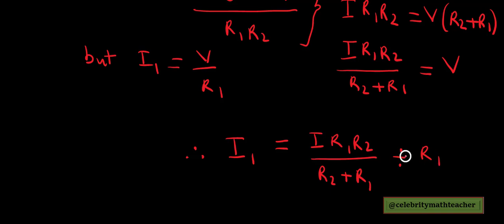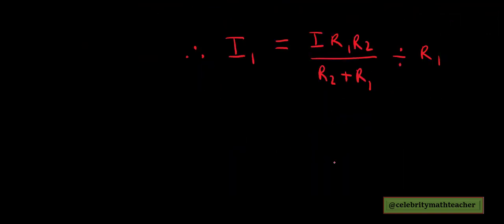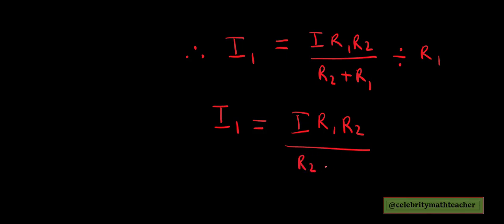If I change it to times, it becomes the reciprocal, which is 1 over R1. So we're getting close to our formula now. I1 is equal to I R1 R2 divided by R2 plus R1, times the reciprocal of this, which becomes 1 over R1.